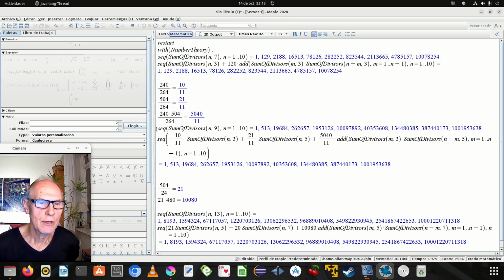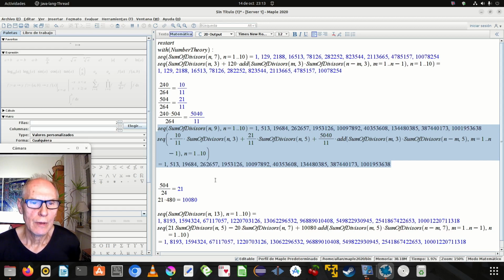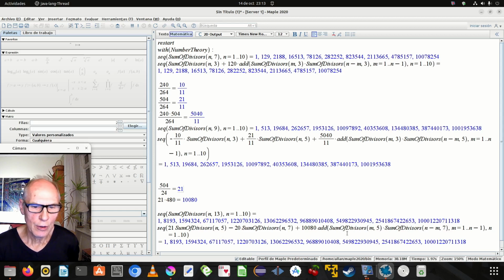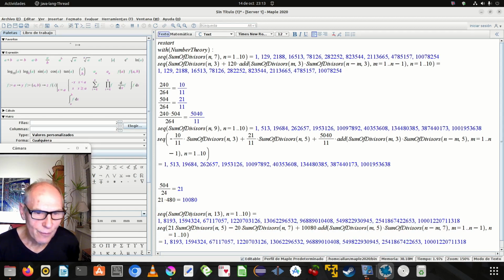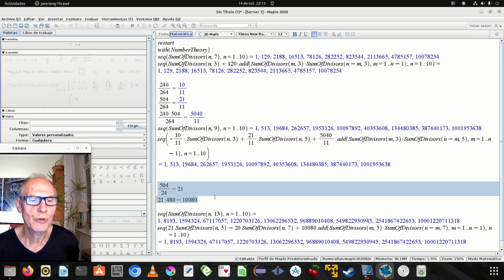Here we have the result of the sum of divisors to the 9th, and below the sum of divisors to the power of 13. And of course these were the fractions I had to compute to write up the formula.